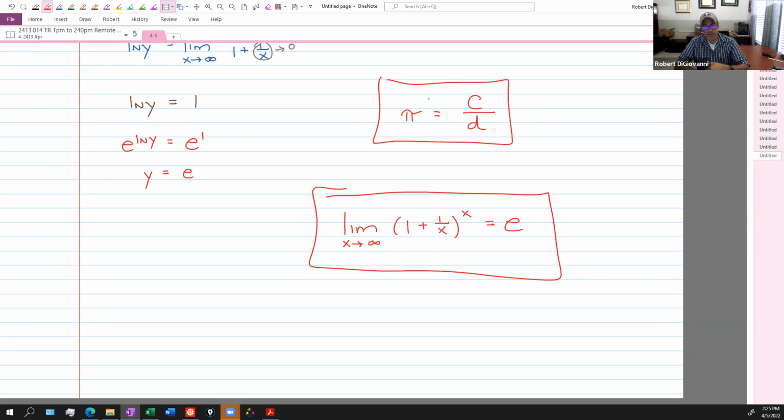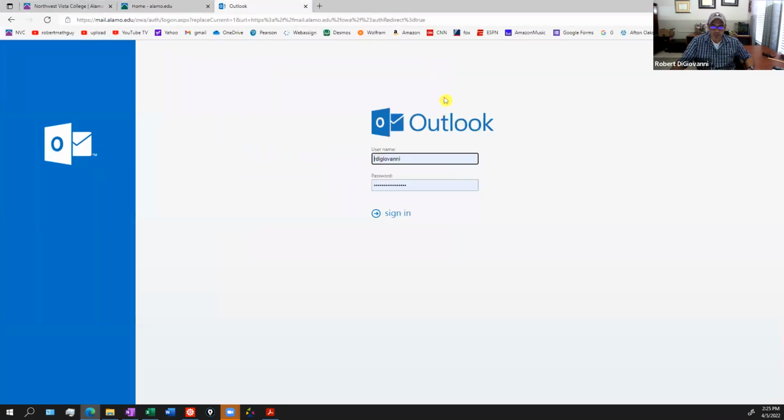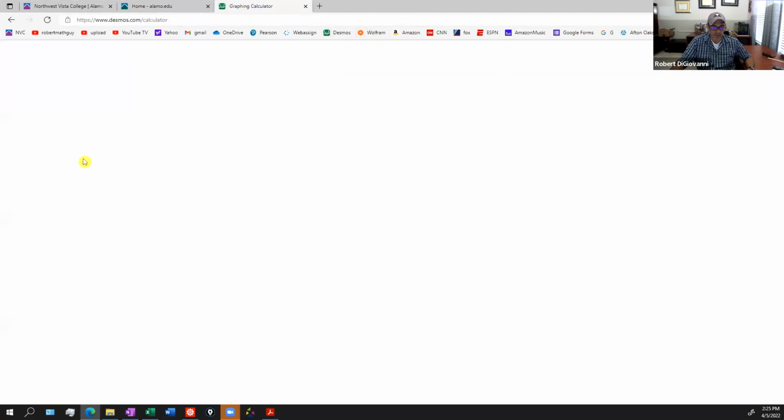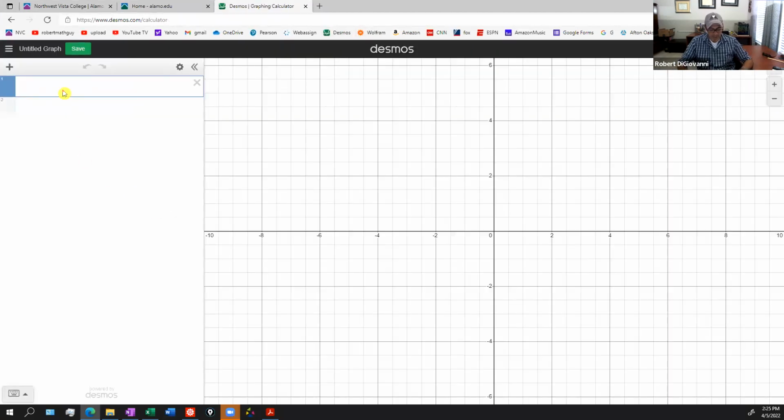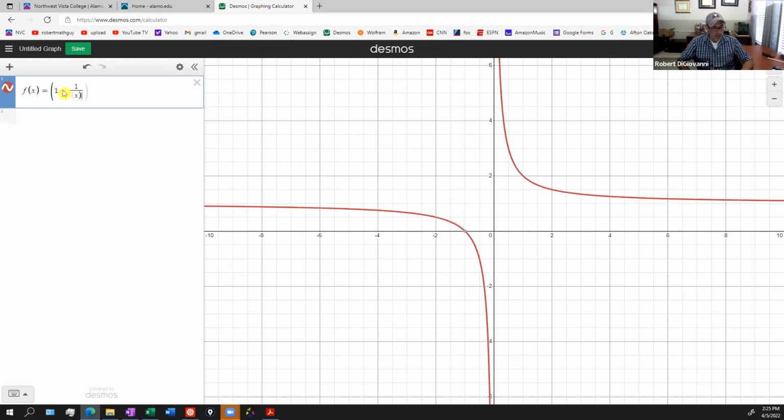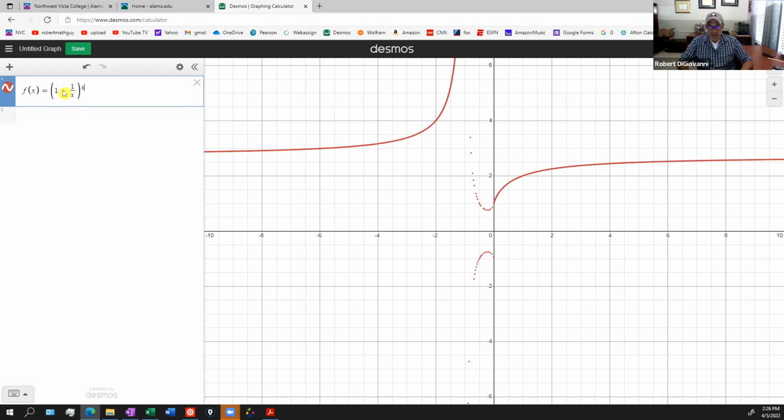You want to know what e is? e can be defined as a limit. It's this limit right here. Now, I want to make sure that you understand what I'm saying here, so I want you to appreciate this. If I were to graph this as a function, f of x equals, in parentheses, 1 plus 1 over x, all of that raised to the x, here's the graph of this function.